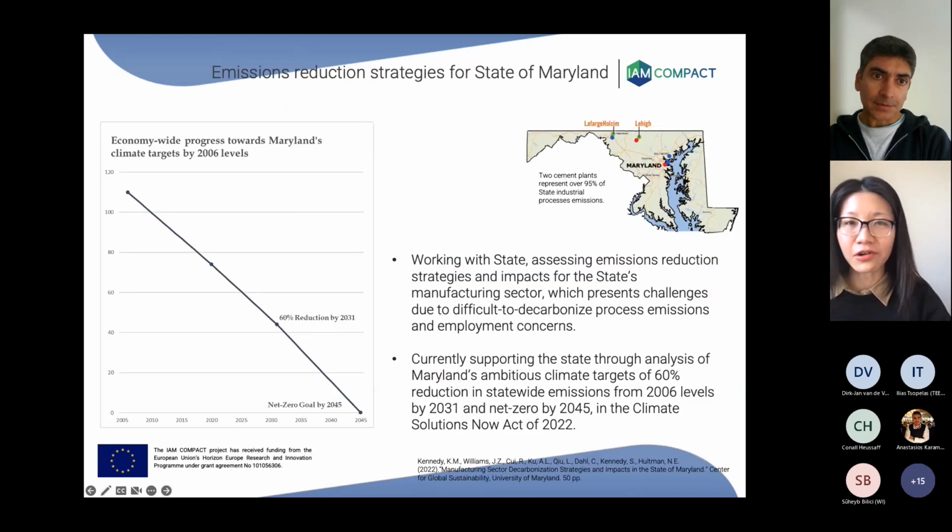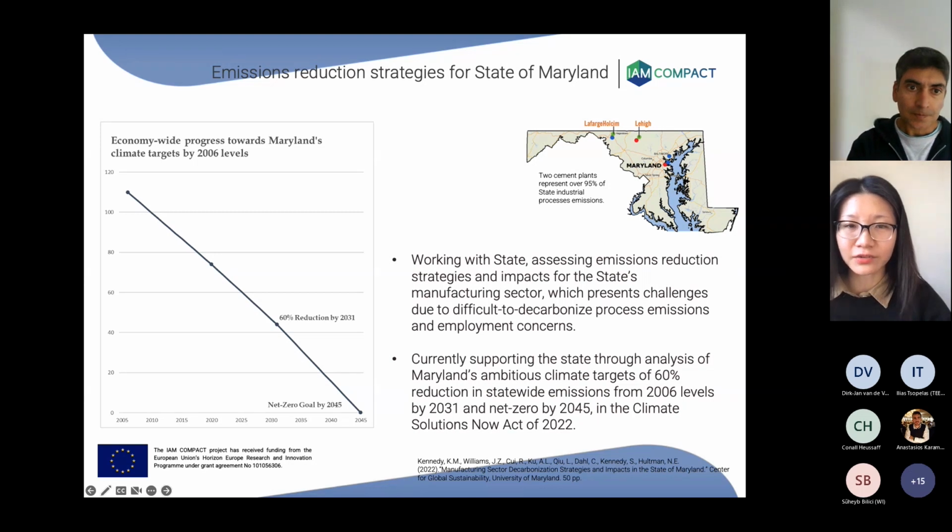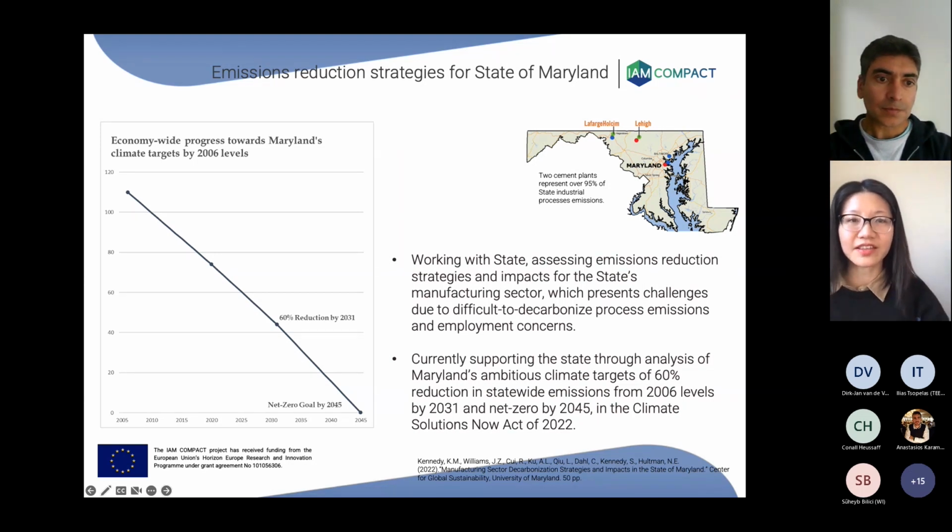We are also working with our own state, the state of Maryland, because we have the breakdown to look at individual states. Our state has announced a very ambitious climate target, 60% reduction by 2031, and net zero by 2045. This is included in the Climate Solutions Now Act of 2022, so it was just announced this year.